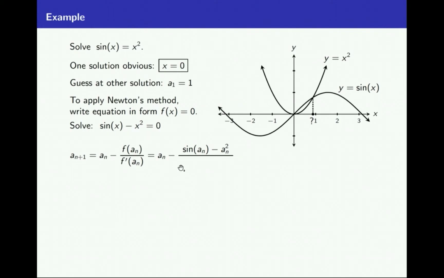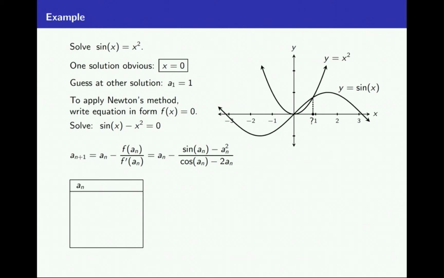So f prime of a sub n in the denominator would be cosine of a sub n minus 2 times a sub n. So this equation is saying whenever you have an a sub n, you can find the next, better approximation, a sub n plus 1, by plugging in a sub n to this expression.